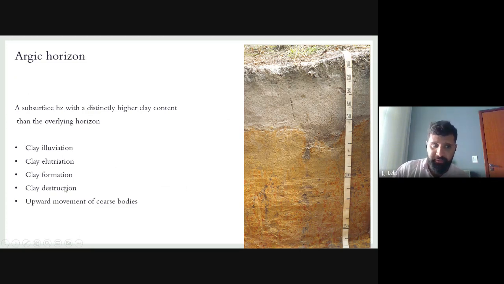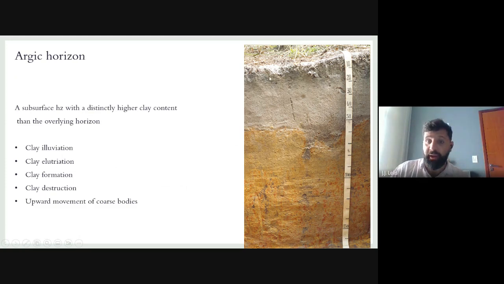We also see clay destruction, especially in wet regions and acidic pH soils, which have an intense destruction of clay and a reduction of the clay content in the surface horizon, or the upward movement of coarse bodies, because bioturbation tends to be concentrated in the surface horizon.